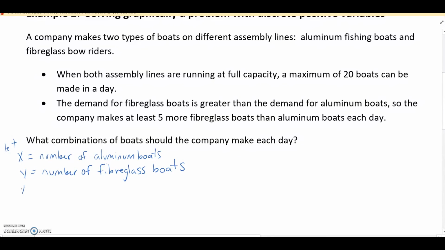Now, we know that x and y must be whole numbers. Why? Because I'm counting boats.